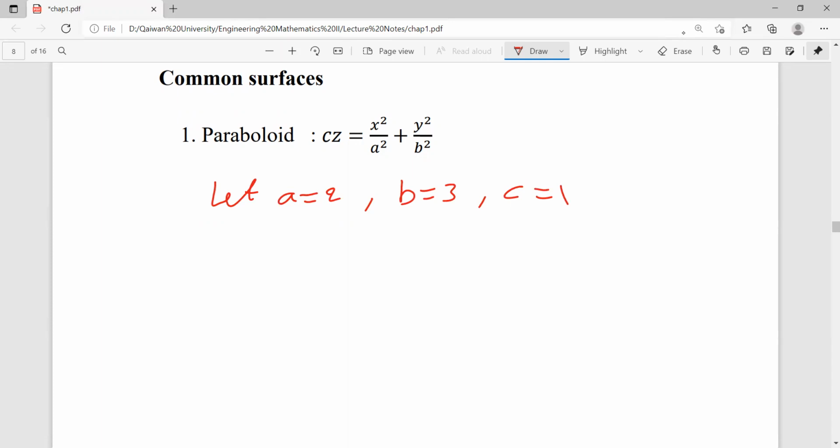So the equation becomes z equals x squared over 4 plus y squared over 9. We should draw these three things: the level curves, the trace when x is 0, and the trace when y is 0. Then we combine them and get the graph of the function.